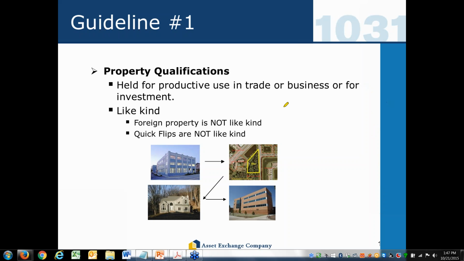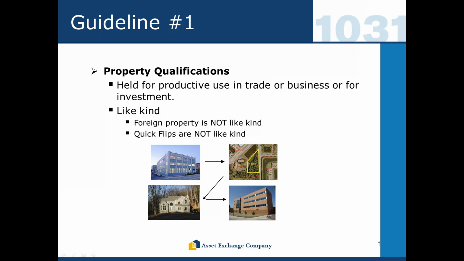So what we like to see is a holding period on your investment property of at least 1 to 2 years, so that when you are audited by the government, it is very clear that your exchange property was not inventory. So rule number 1, make sure your properties qualify.